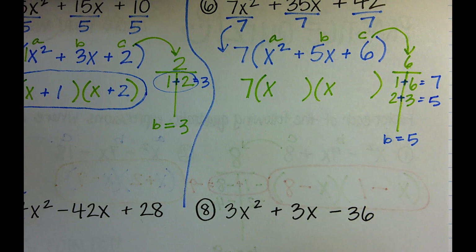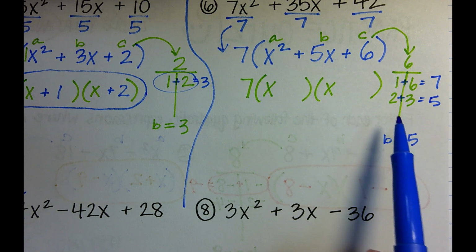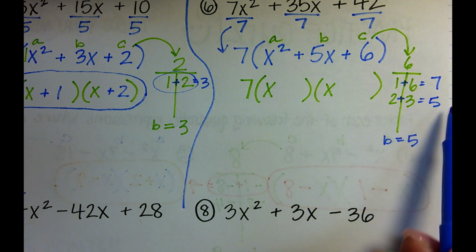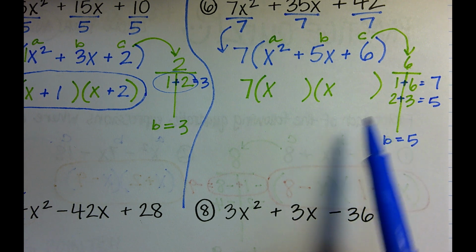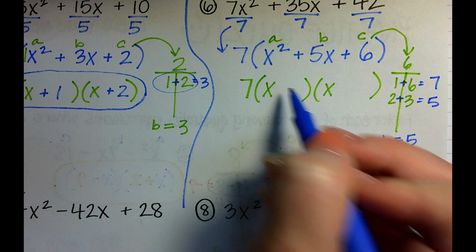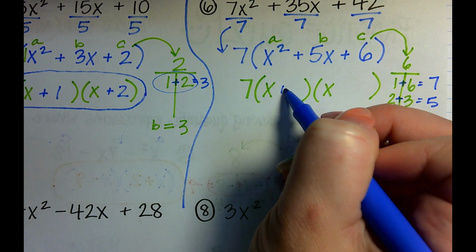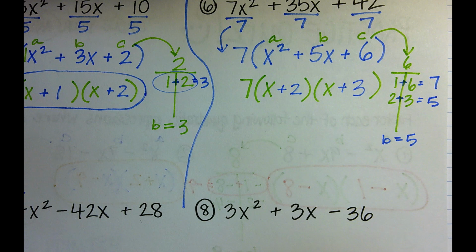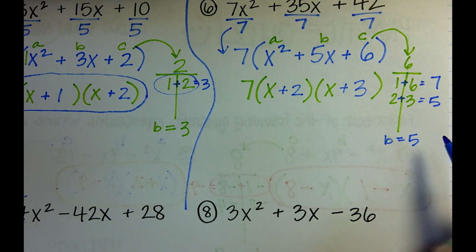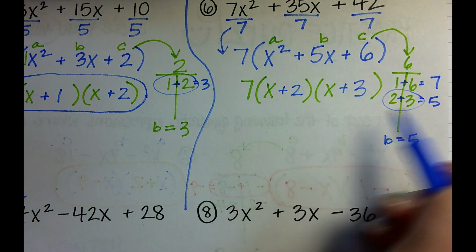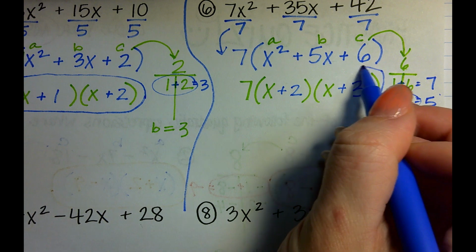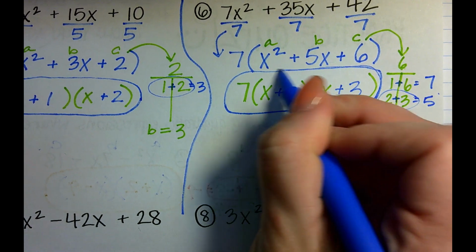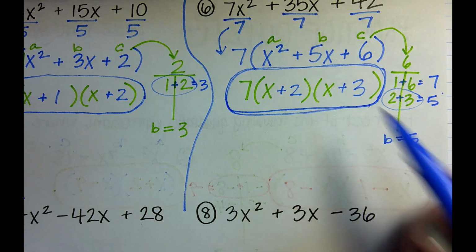That works. Okay, so what do I do with the 2 and the 3? Perfect. We're going to put them over here in our parentheses, x plus 2 and x plus 3. Not forgetting the 7. So that is our answer.